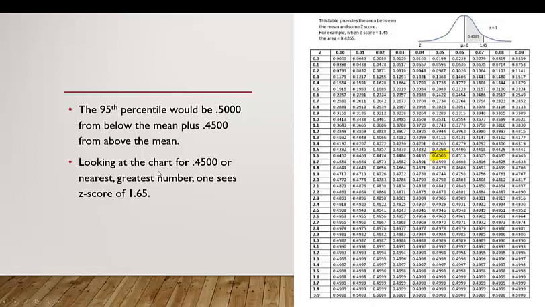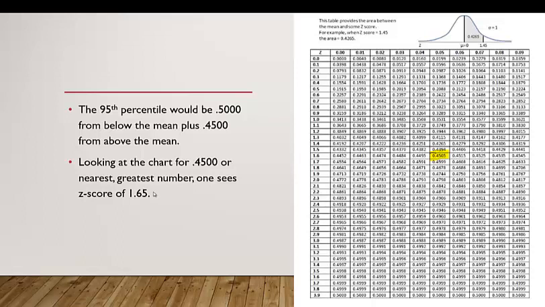Looking at the chart, we want to find where 0.4500 or the nearest greatest number above that is, and I've highlighted it on the chart here. We found 0.4505, and that's going to put us at 0.9505, which corresponds to a z-score of 1.65. So we have to have a z-score of 1.65.